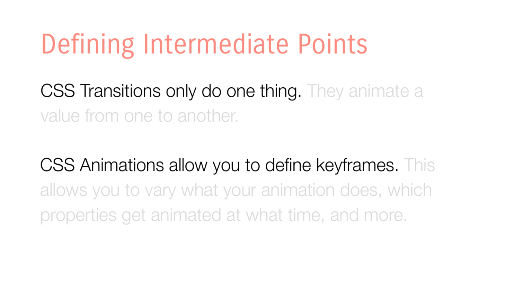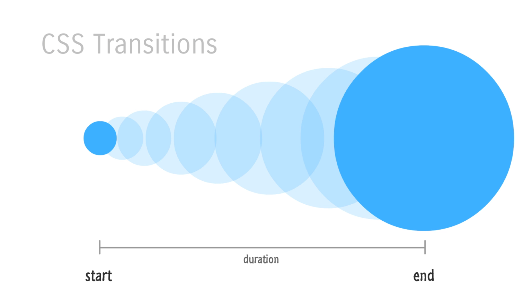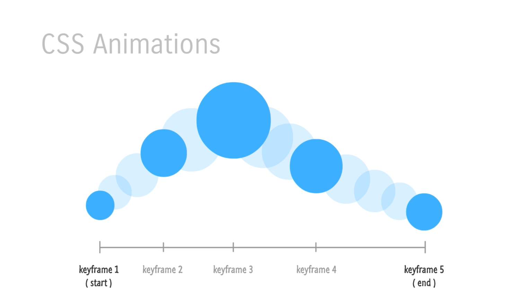You have keyframes, you can specify multiple intermediate points, you can tell your animation to do all sorts of things at various stages of the animation as it is running. This graph, you've probably seen it before: a transition, just point A, point B. An animation, many intermediate points, and the interpolation takes care of the points you didn't define, so you still have an animation, you just have more control over what the animation does at any given time.